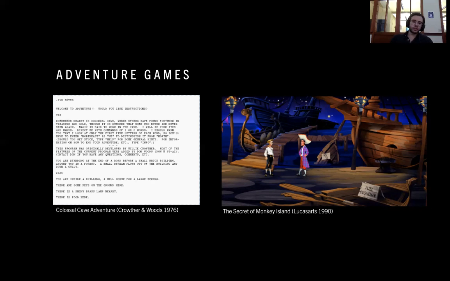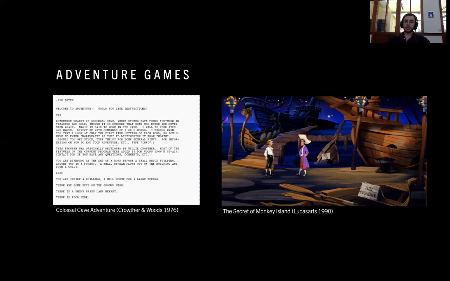So the main genres are action games, but also adventure games, which fundamentally allow us to interact in a more slow-paced way, in which our goal is to find out what happened. We're on an adventure, solving mysteries and engaging more with the narrative. And it also allows for a specific mode of interaction.